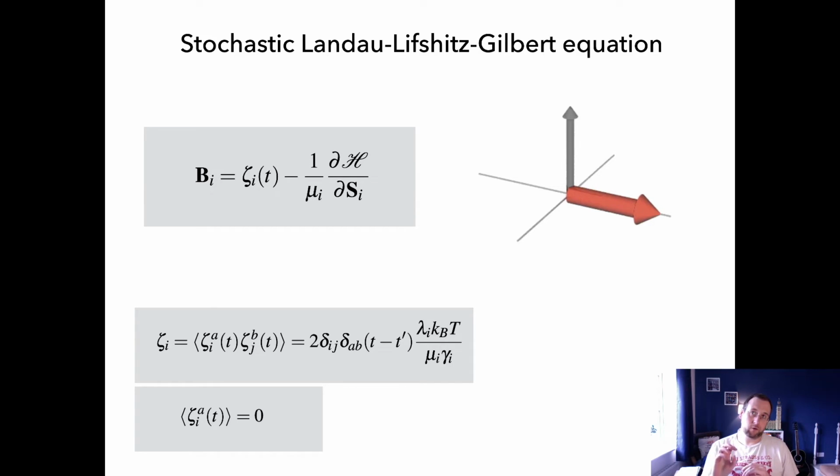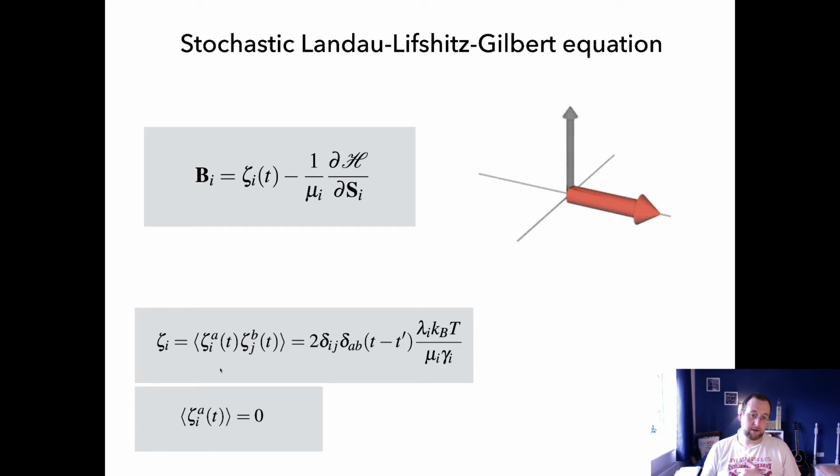So this takes the ordinary Landau-Lifshitz-Gilbert equation and then adds on a random thermal field to simulate the thermal fluctuations of the spin in time. So the effective field then comes from this random thermal noise plus the derivative of the Hamiltonian with respect to S. The 1 over mu_s here is a unit factor conversion to make sure that our fields are all in Teslas.